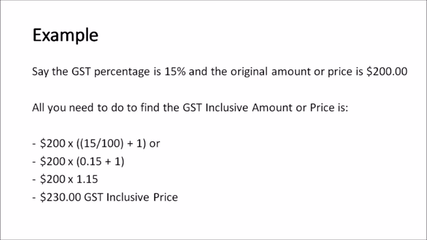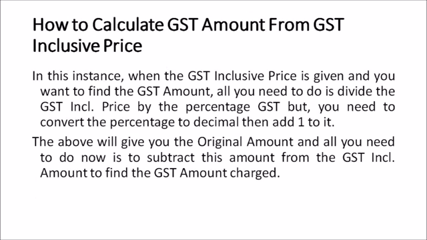So the GST amount is not given separately. When you calculate $200 multiplied by 1.15, the amount you get is already the original price plus the GST, which is $230. Now, if you had to calculate the GST amount from the GST inclusive price, now this is going backwards, right?